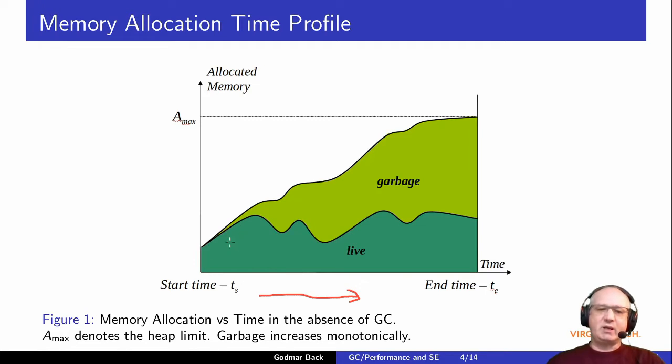And then we can look at two curves which represent the cumulative amount of memory on the heap. We can look at how the size of the live heap may change over time, and then the total size of the allocated objects. That is a monotonically increasing function as far as the application is concerned.